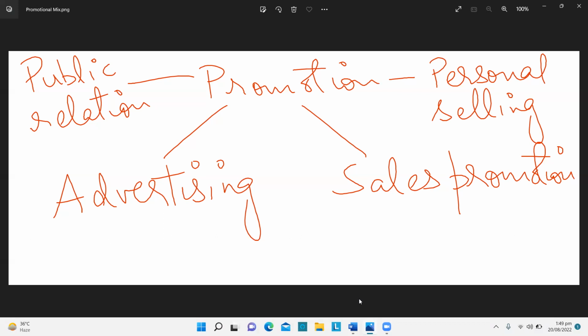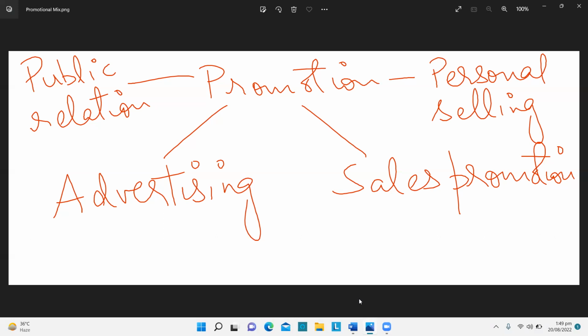And think about jewelry again. Jewelry is a very expensive item, and yes, you can tell the requirement to the jeweler, but again, the jeweler guides you about what kind of design would be suitable for you as per your requirement. So that is why again personal selling would be needed over there.